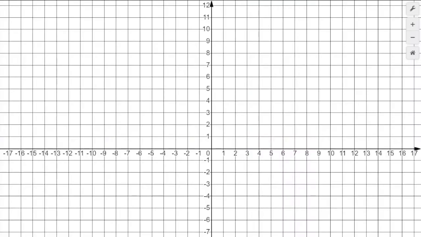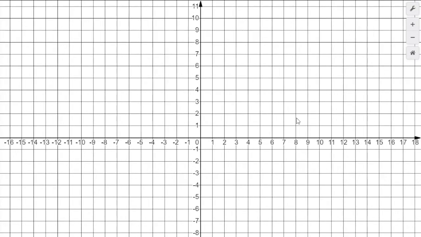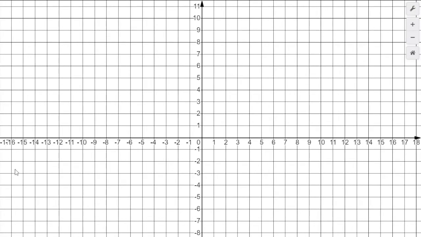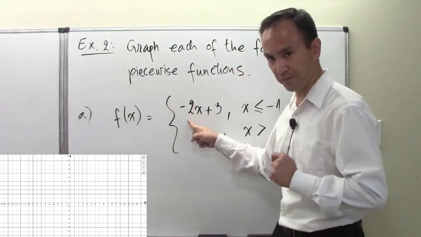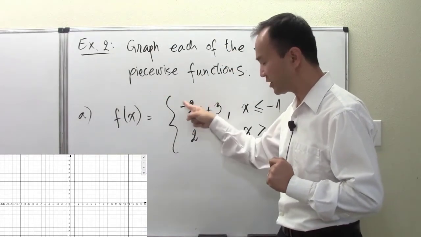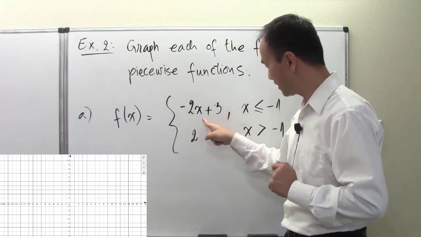All right, in my graphing space, the first function is a linear function. The slope is -2, so down 2 over 1 run, and then it has a y-intercept.